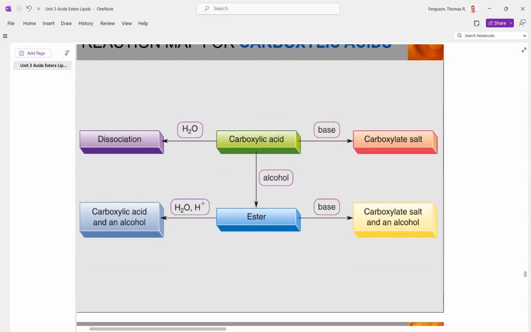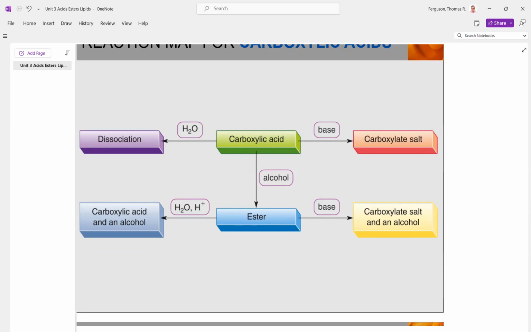So if we start with this acid, carboxylic acid, weak acid, in water, it's going to dissociate a little bit because by definition an acid dissociates. In a base, you're going to form the salt. If you add an alcohol to carboxylic acid, you end up with an ester.